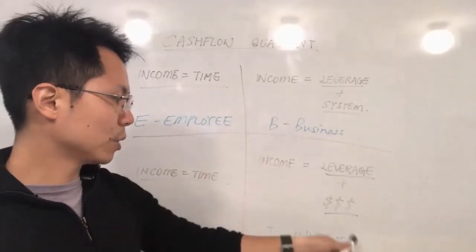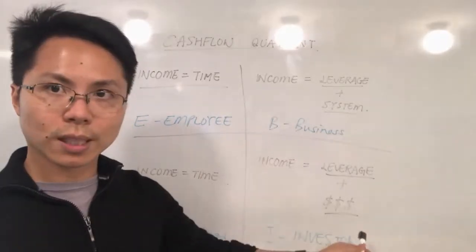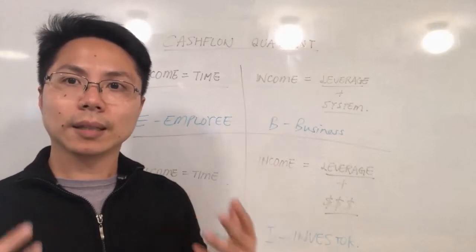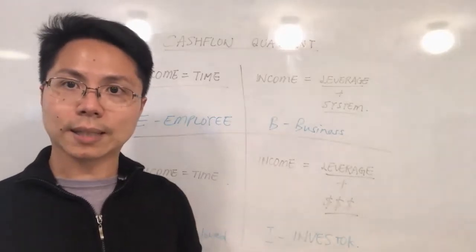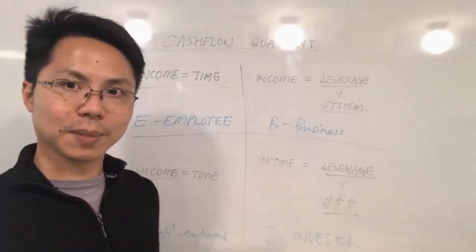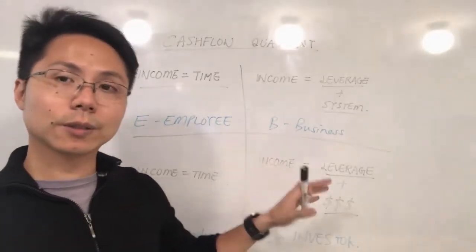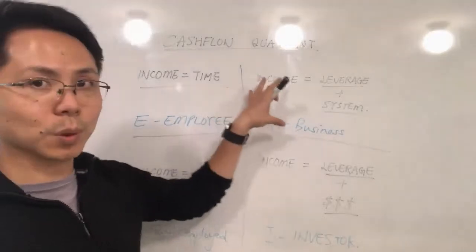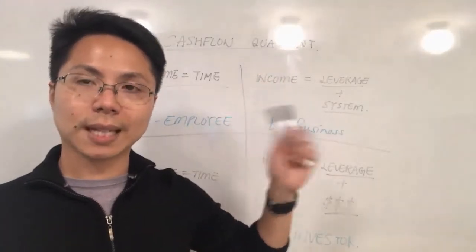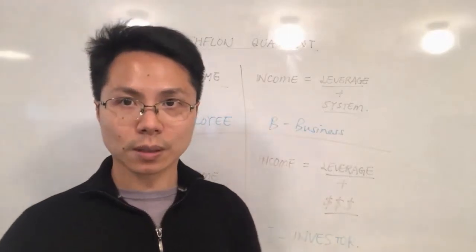But if you're able to go down the investor route, invest in something that can generate you passive income, then essentially that's what's going to achieve that financial freedom for you. Or if you want to take it to the extreme, do both, like me. Invest in properties, later on shares, etc., and also build a business that can leverage other people's money, time, and expertise. Okay, so that's a cash flow quadrant discussion.